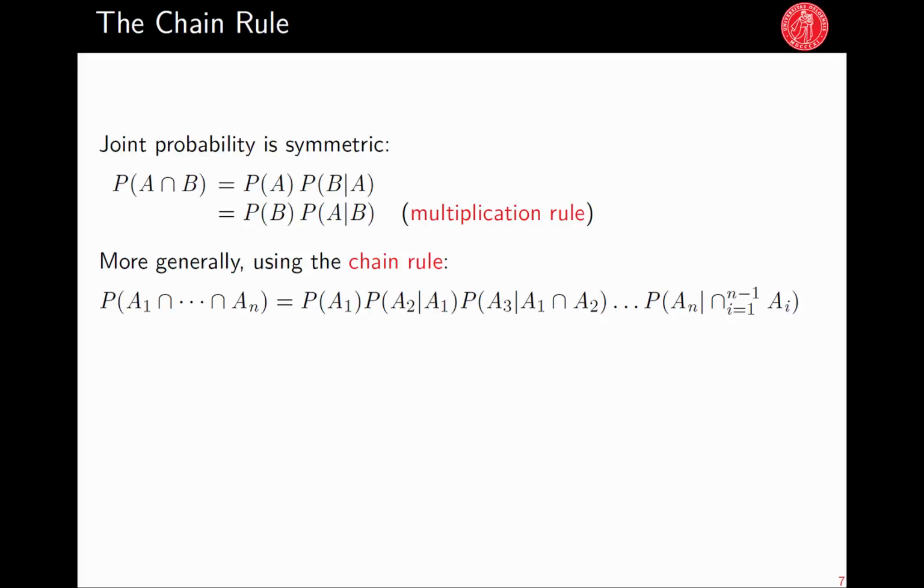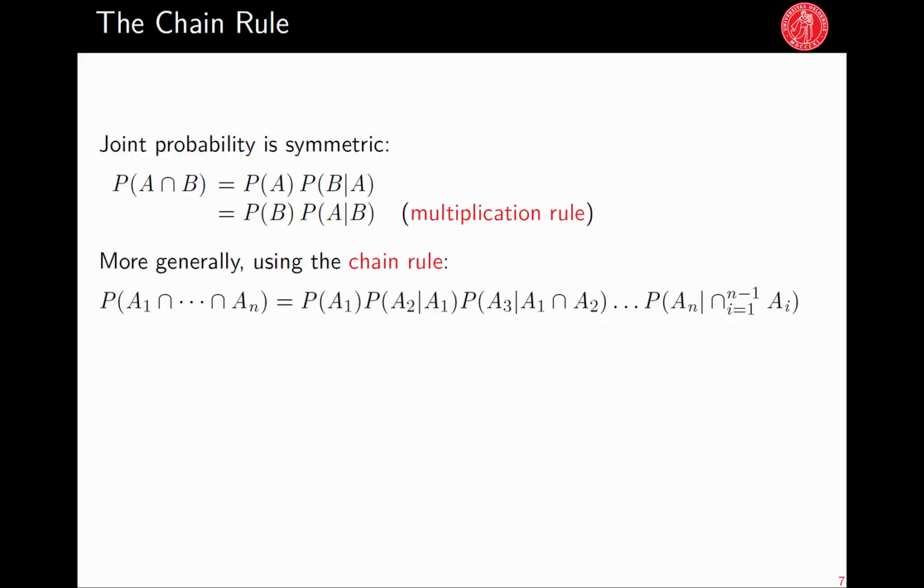The joint probability of A1 to AN is the probability of A1, then the probability of A2 happening given A1, the probability of A3 happening given A1 and A2, and so on, until the probability of AN given AN minus 1 to A1.